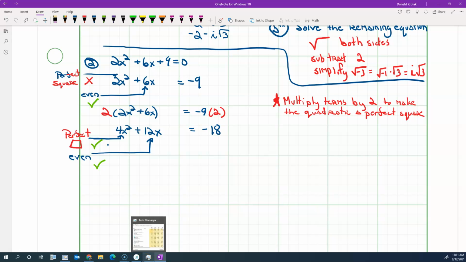So now it's ready to roll. Okay, now go ahead and complete the square. So after we did this, now our next step is complete the square. So sometimes you've got to do a little bit of work to it in order to get it in the right format so that you can do this.